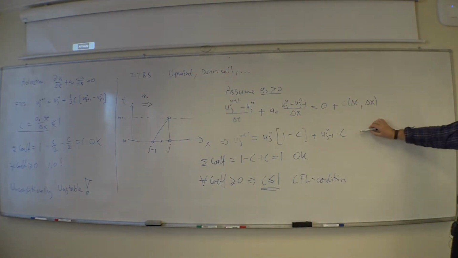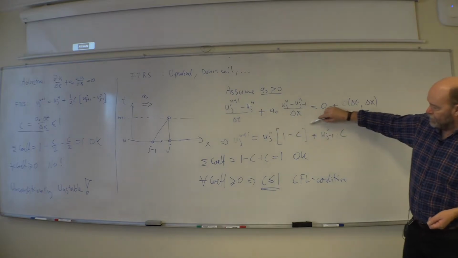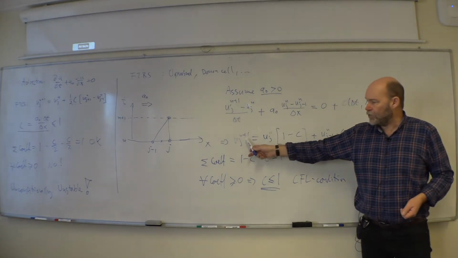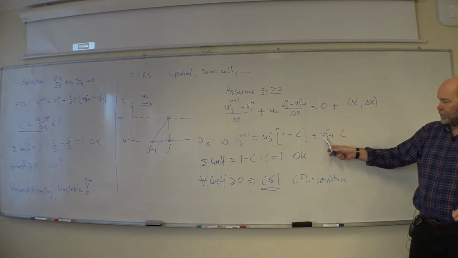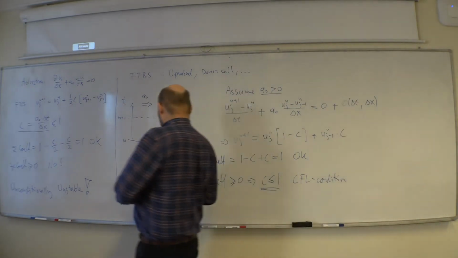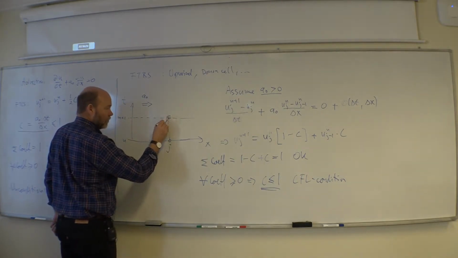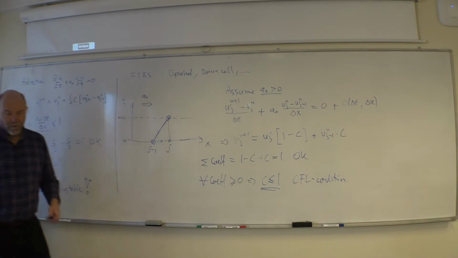Look at your stencil here. Choose C equals 1, identical. This one disappears. And you say uj n plus 1 equals uj minus 1 n. That means you take the value you have here and you just move it up here, which is of course the correct solution.